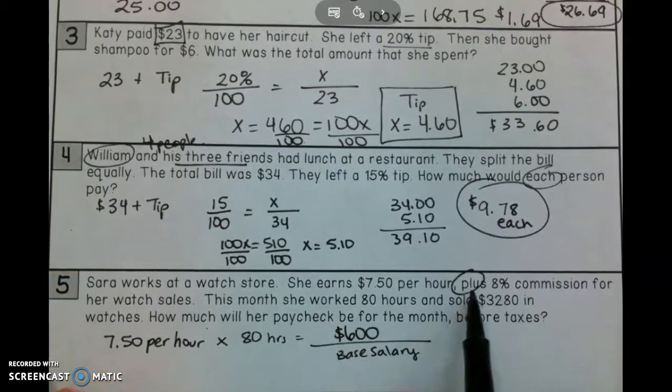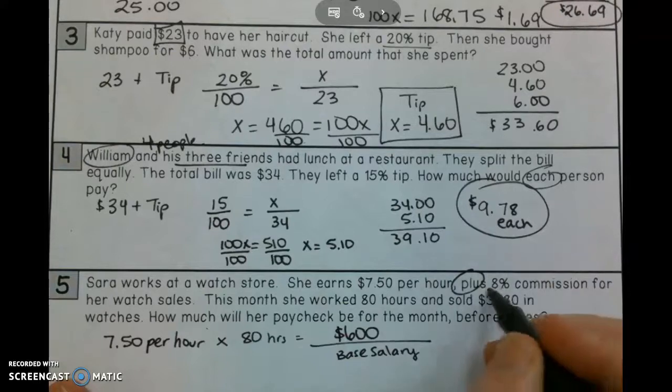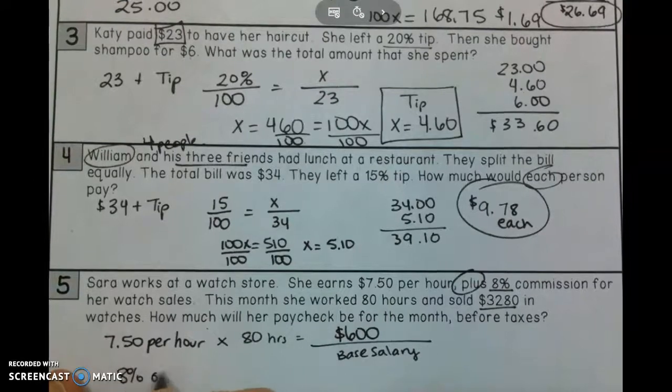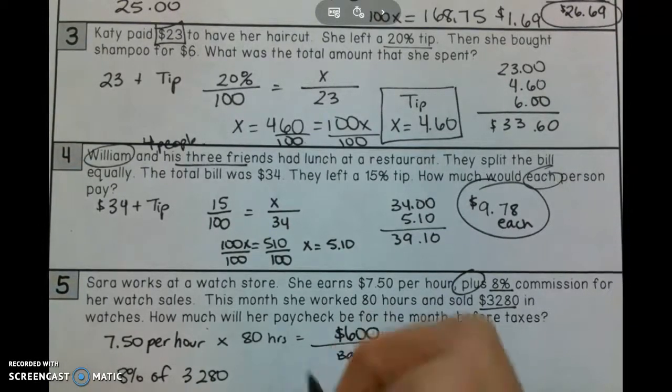Then it tells us that she also gets commission, 8% of sales. Well, 8%, and how much did she sell? She sold $3,280. So we get 8% of 3,280.